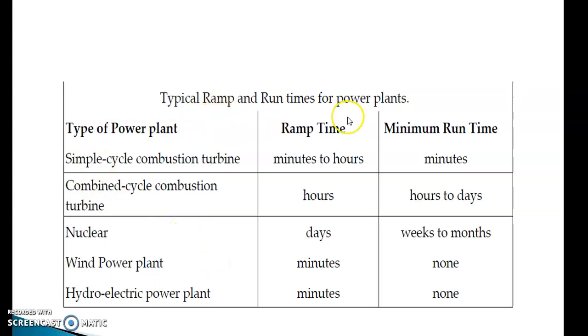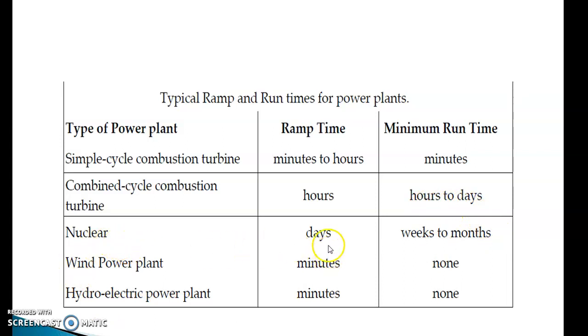Typical ramp and runtime of power plants. Simple cycle combustion turbine: ramp time minutes to hour, minimum runtime is minutes. Combined cycle combustion turbine: ramp time in hours, minimum runtime hour to days.